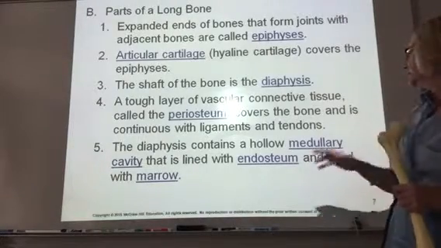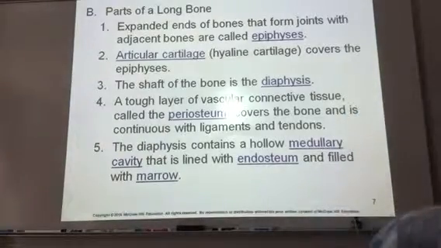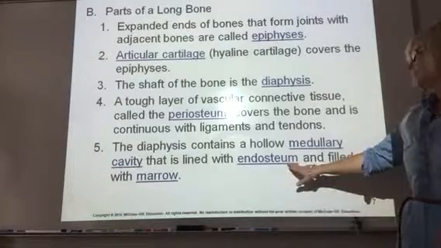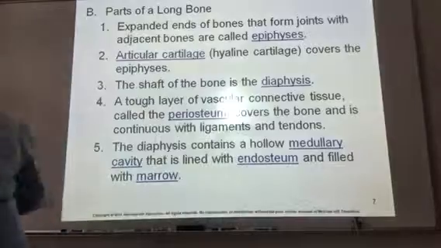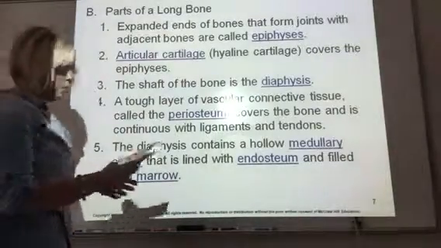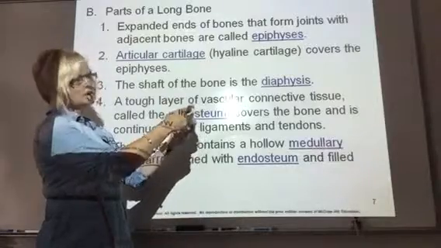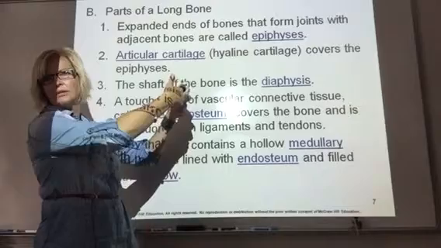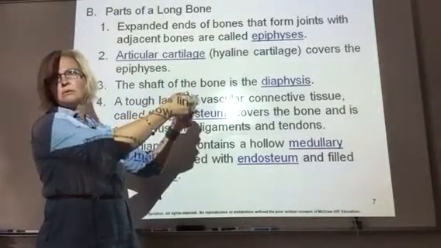The diaphysis, the shaft, contains a hollow cavity, and inside of that cavity is the endosteum, endo meaning inside, and it's going to be filled with marrow. So here is an old cow bone, and I can see this opening on the inside, where I can stick my finger in now because it's dead, where that was filled with bone marrow.